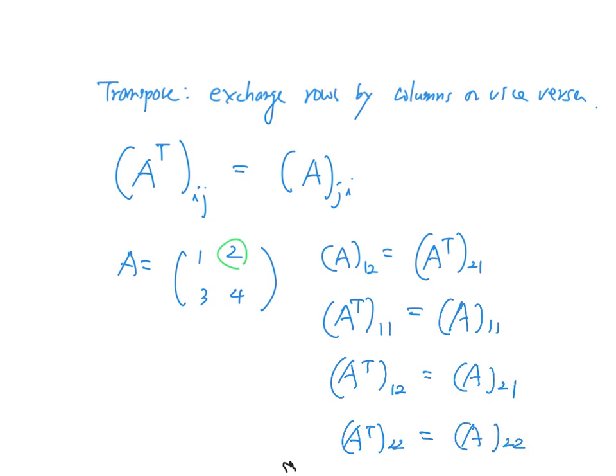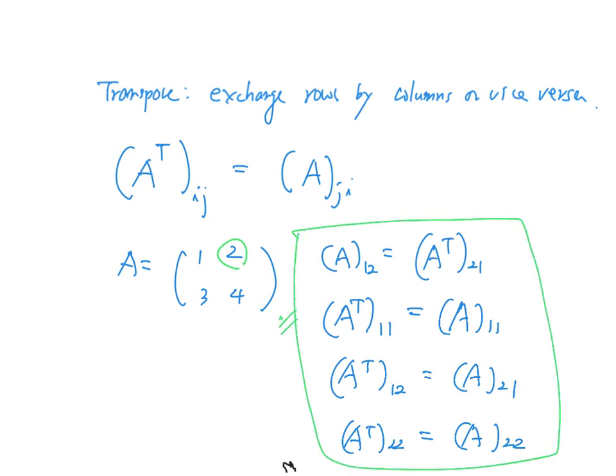So using this, we can write it down the following way. The 1, 1 element of A transpose is the same as A 1, 1, so it's 1, right? 1, 2 is the same as 2, 1, so it's 3.